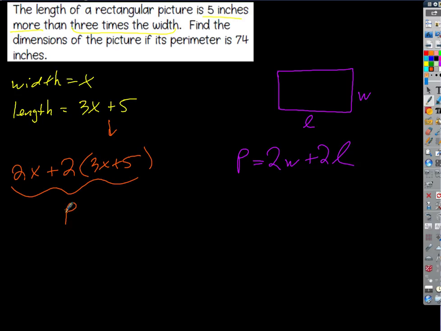And that is equal to, we know that the perimeter is 74, right? So here's the word is, so the perimeter equals 74. So there is the equation.